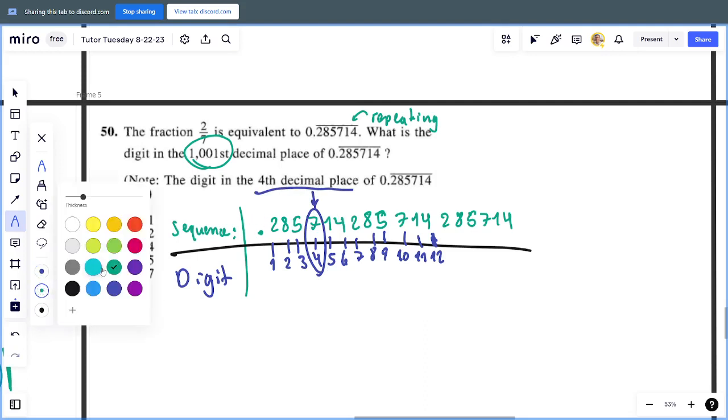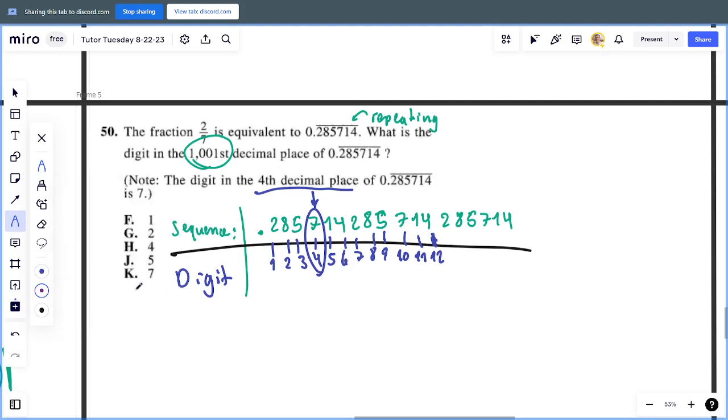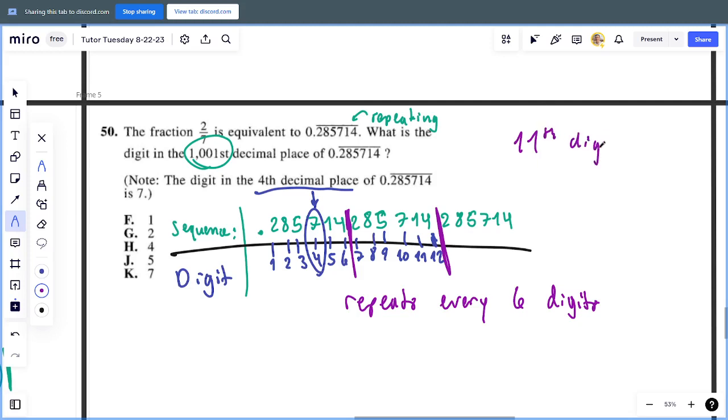What I notice is that I can split this sequence up right around here. I can also split it right here. It repeats every 6 digits, which means if I, for example, ask you to find the value of the 11th digit, it's actually the same as the 5th digit.